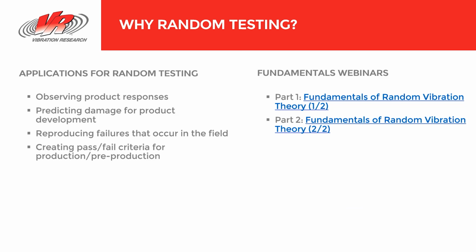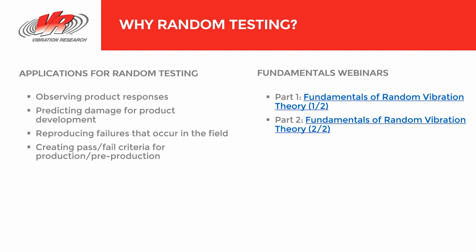So why do we perform random testing? Well, vibration in the real world is random, meaning it is non-repetitive and non-deterministic. Therefore, random vibration tests are a realistic method of bringing a product to failure.